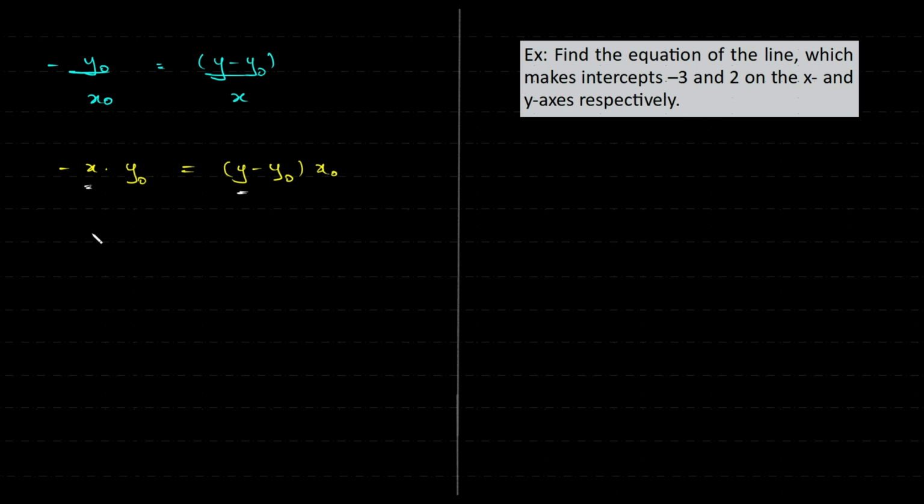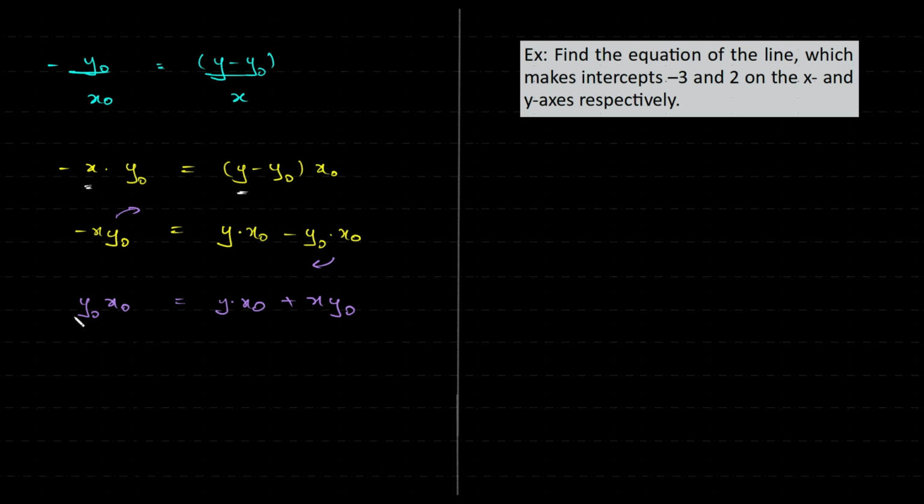So we have minus x into y naught is equal to y into x naught minus y naught into x naught. A bit of rearranging, and we have y naught x naught. I'm transposing this onto the left hand side, and y into x naught, and this onto the right hand side. So x into y naught.